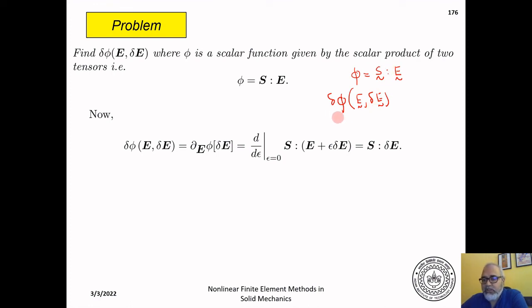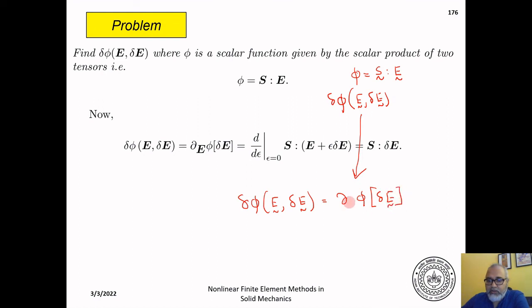When you need to do this, what you have to remember is the basic definition of delta phi, which is the directional derivative of phi in the direction of delta E with respect to E.